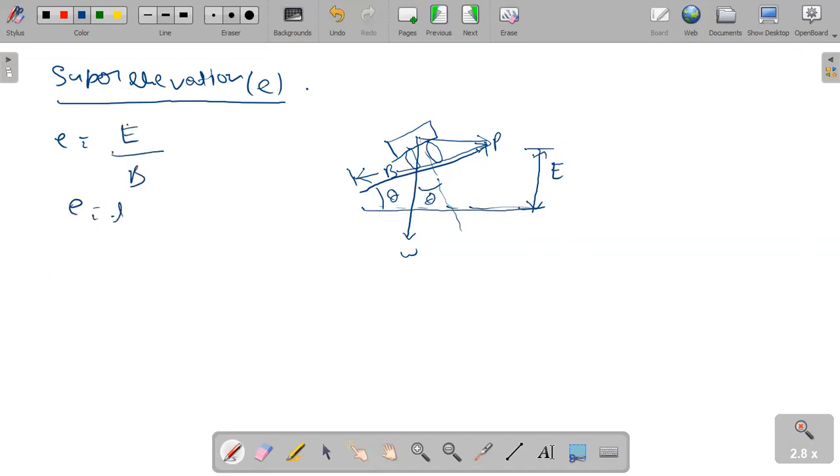Also, super elevation is equal to tan theta. But generally this theta is very small.